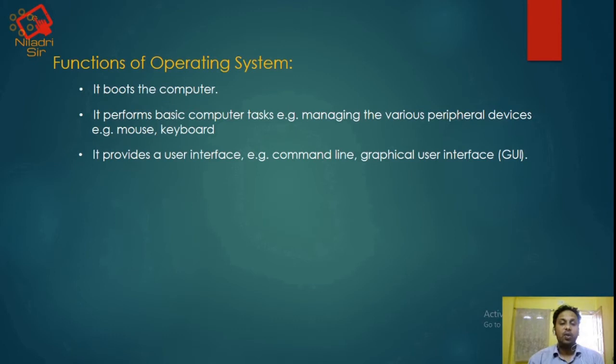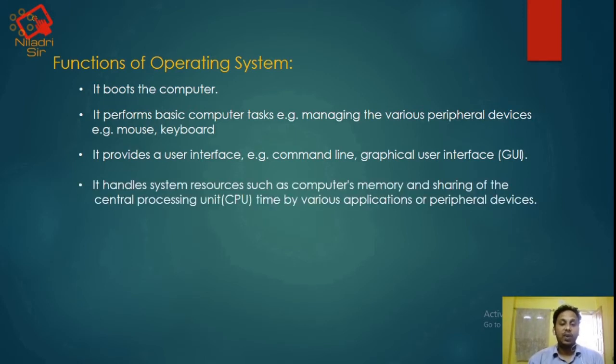As you know, after installing the operating system, it provides us a GUI, that means graphical user interface. Next one is it handles system resources such as the computer's memory and sharing of the central processing unit time by various applications or peripheral devices.